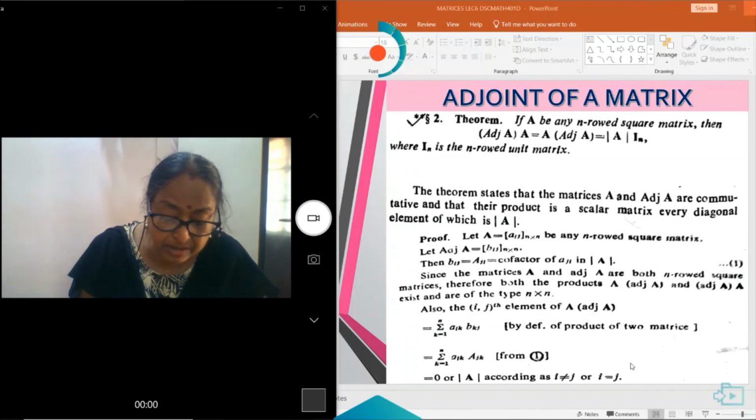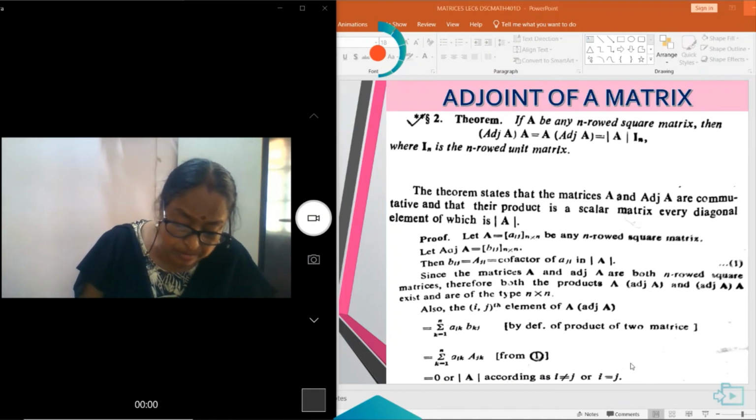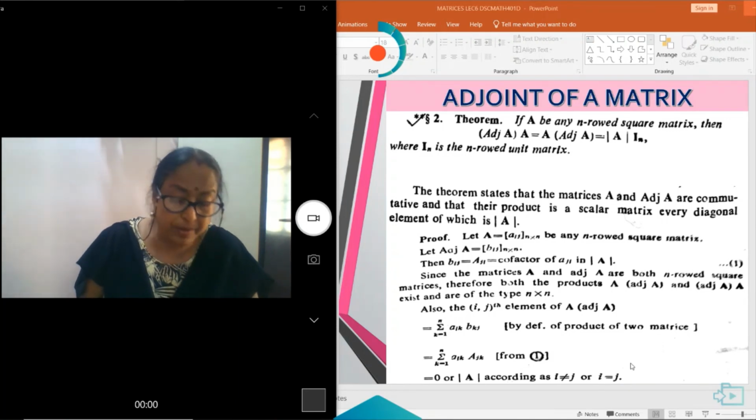In other words, all the elements of A adjoint A along the principal diagonal are equal to determinant of A, and the non-diagonal elements are equal to 0. So this is the theorem.